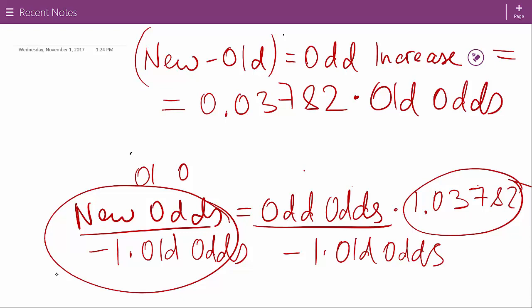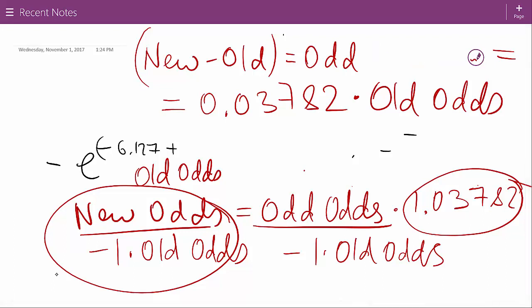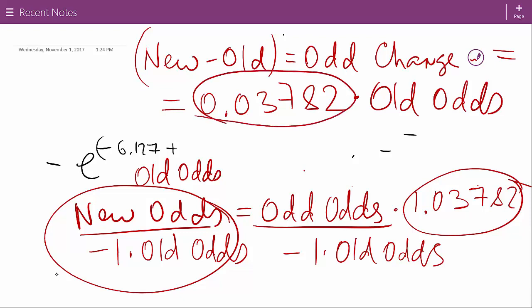So this is what I'm getting, by how much my odds changed. I shouldn't say increase, I should say odds change. Well, it's technically an increase, but odds change. Okay? It represents 0.03782 of my old odds. In terms of the percentage, this is the proportion.